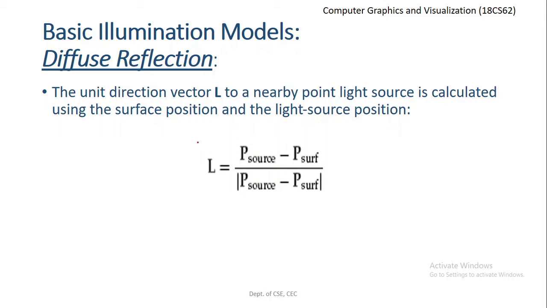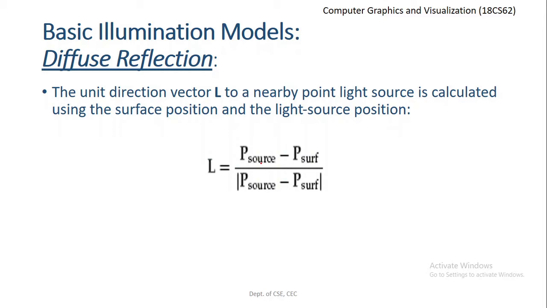So this is the equation for calculating the unit direction vector L to a nearby point light source. To do that, we need two positions. One is a point on a given surface, which is given as P surface, and one more is the position of the point light source, which is given by P source.